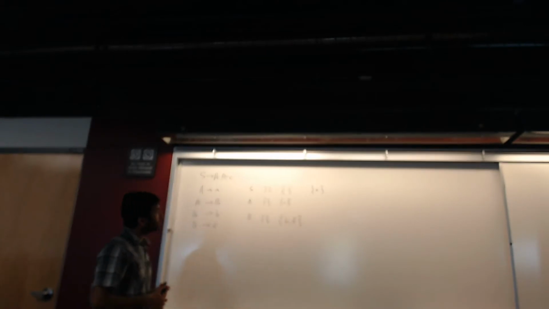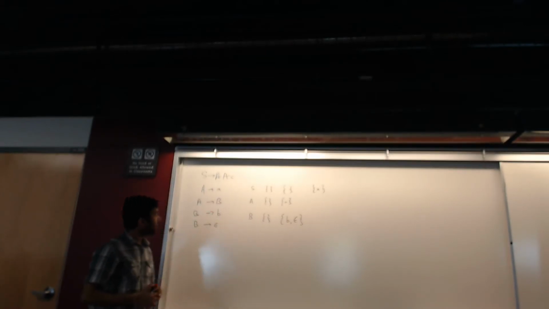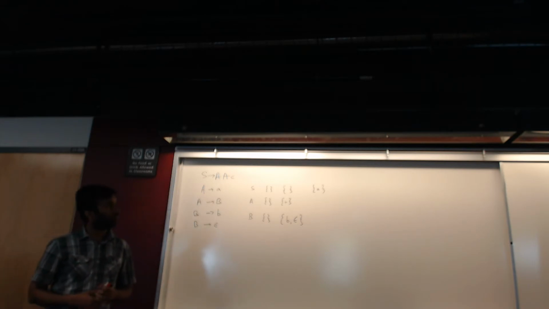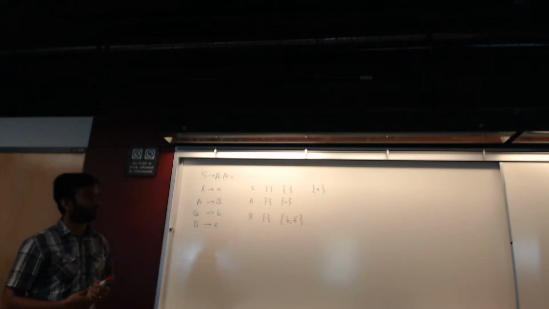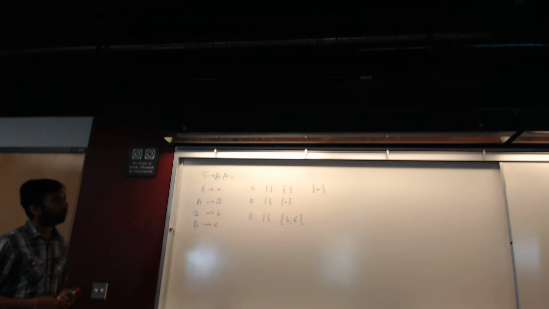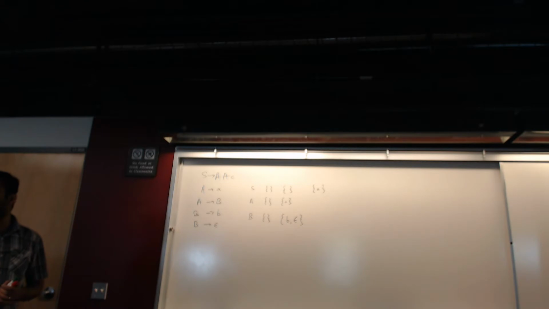For the first set of A, we can apply rule 1, but it won't change anything. We cannot apply rule 2. Can we apply rule 3? Yes. What is X in rule 3?